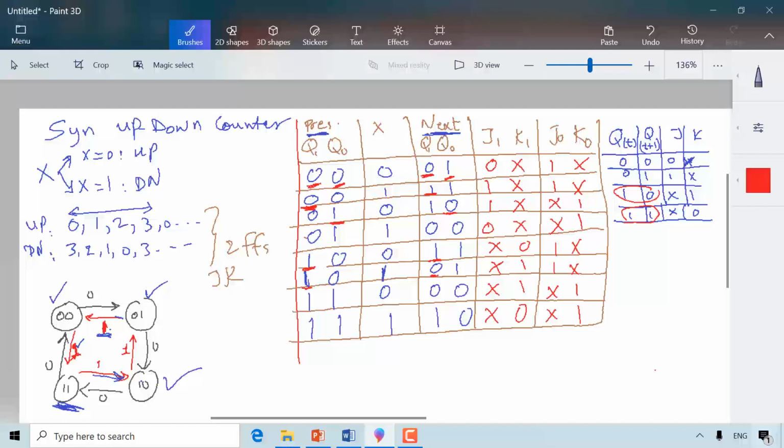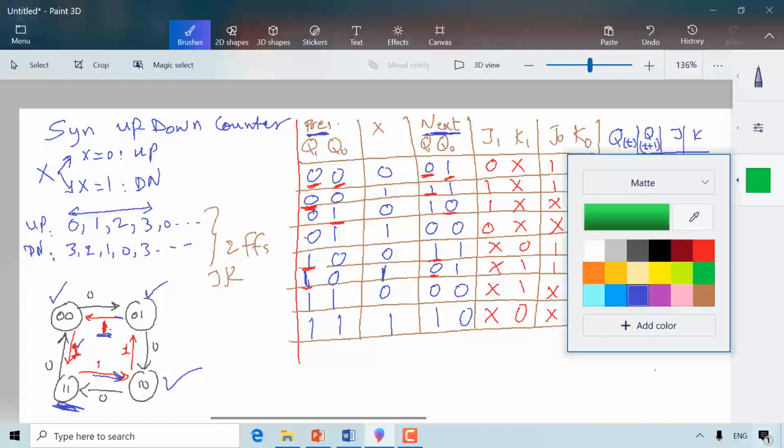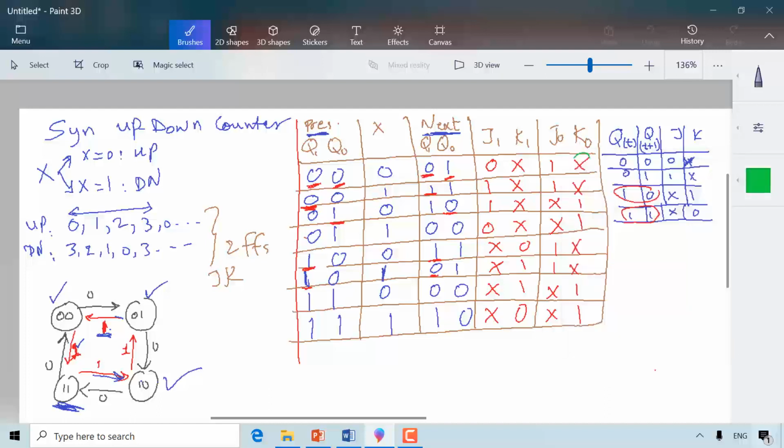Clearly we can see here that K0 is 1, and J0, wow, that's nice. So K0 looks like it is minimized to 1, J0 as well to 1. How about K1 and J1?